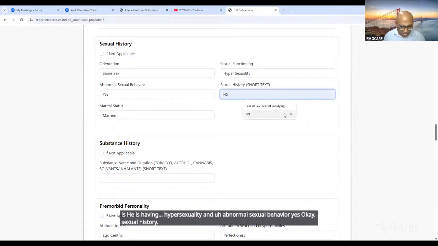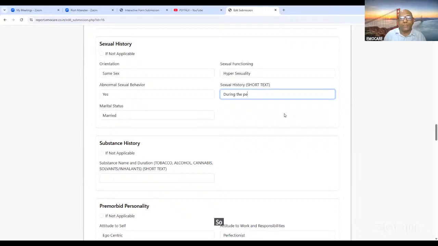Sexual history. During the period of his relationship, he had a sexual affair with an 18 or 19 year old girl, and he has shown perverted aspects as per his own statement.